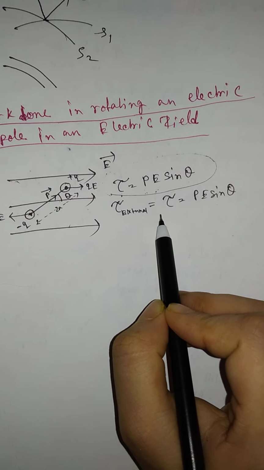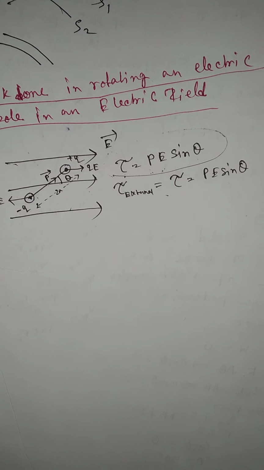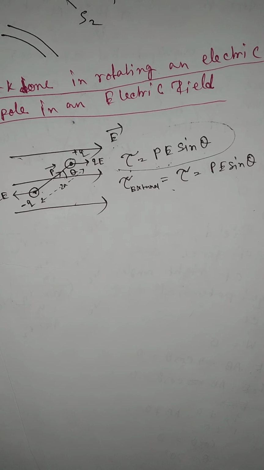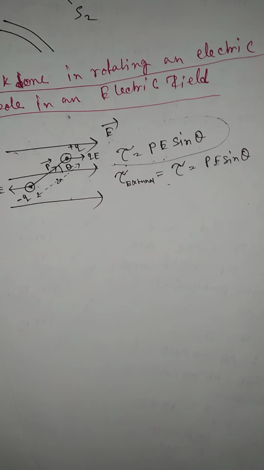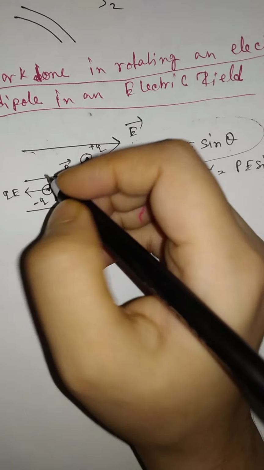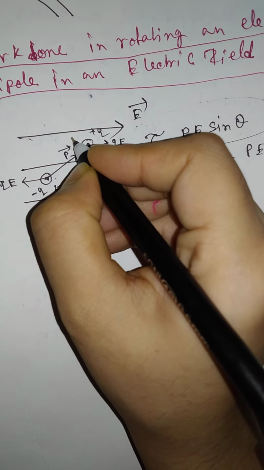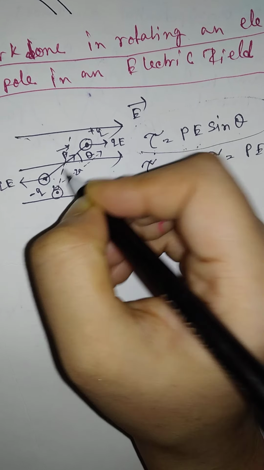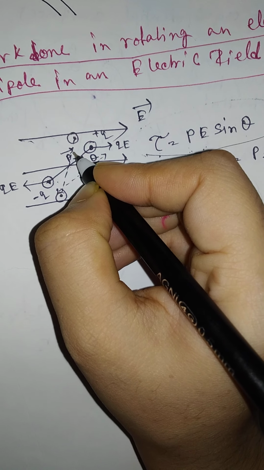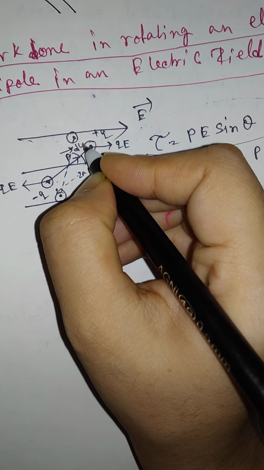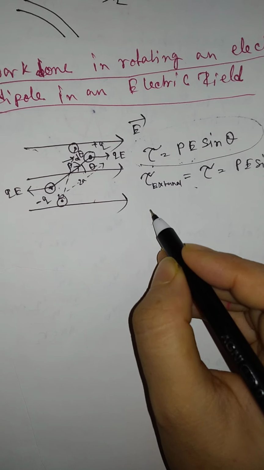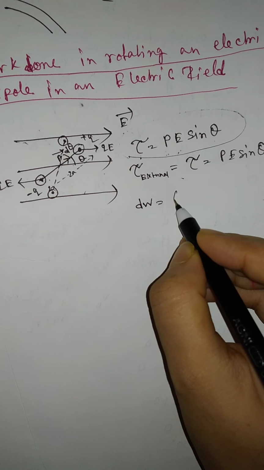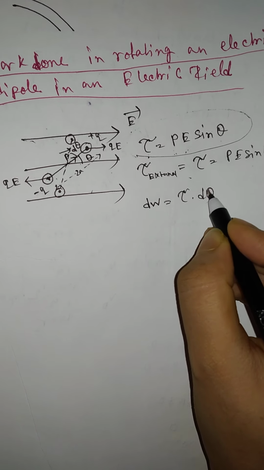So if the applied force on any body is not constant, in this situation how do we find work done? In this situation we have to consider an infinitesimally small displacement. Here I am considering if we displace this dipole by d theta, then the work done by the external agent dW equals tau into d theta. Why?